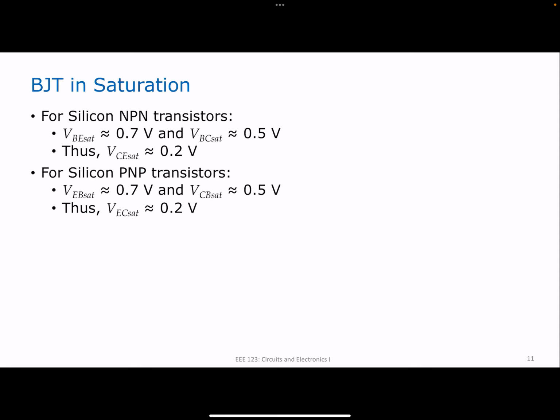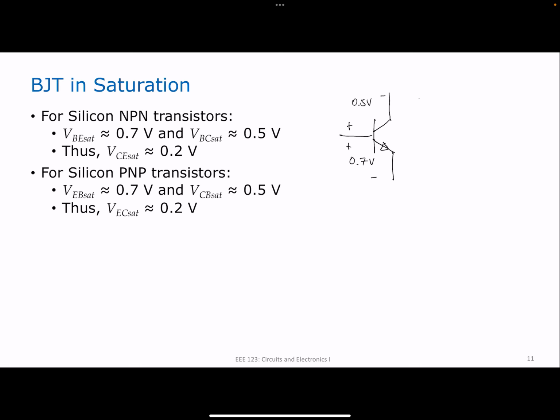So if you take a look at the NPN transistor, let me draw the NPN transistor here. VBE SAT is going to be 0.7 volts. On the other hand, VBC SAT, from base to collector, is going to be 0.5 volts.